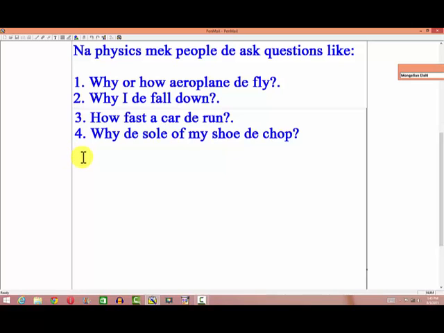So now what physics be? All these things have made people over the years, scientists, think say, okay, if this thing be like this, can we then calculate it? Can we then begin to calculate anything?